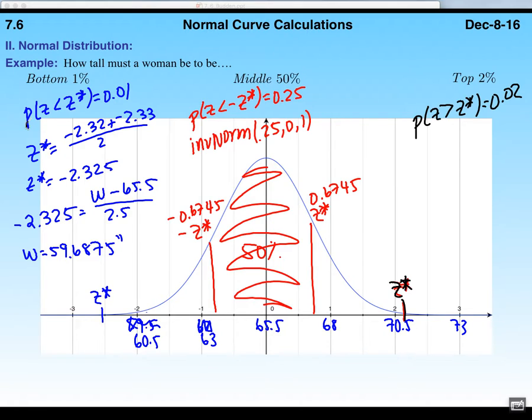Table has to be a lower probability. So instead of putting 0.02 in your calculator, you would do inverse norm of 0.98, comma 0, comma 1. And you should get 2.054. Okay, so that means that your z-score is 2.054, which you then would convert back to a height.